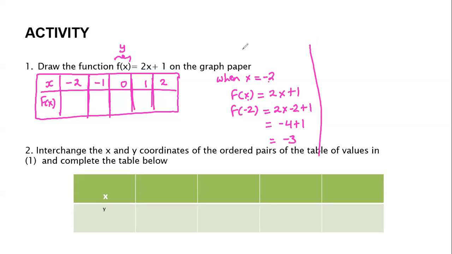Hope that is okay. Can I have another person to take us through the next one? Sharif, take us through when x is equal to -1. When x equals -1, f of x equals 2x plus 1.